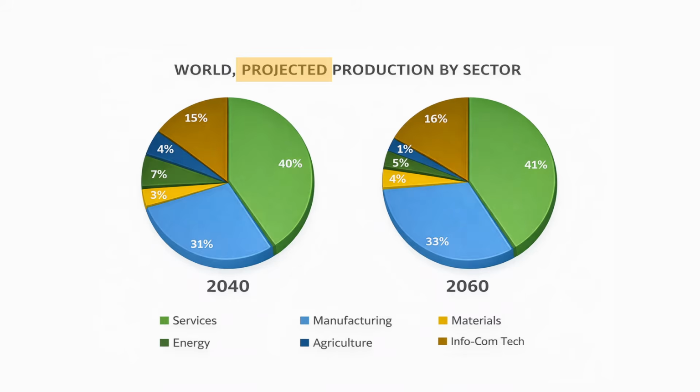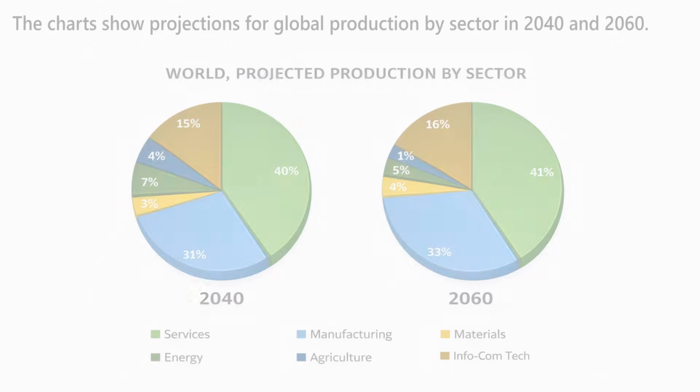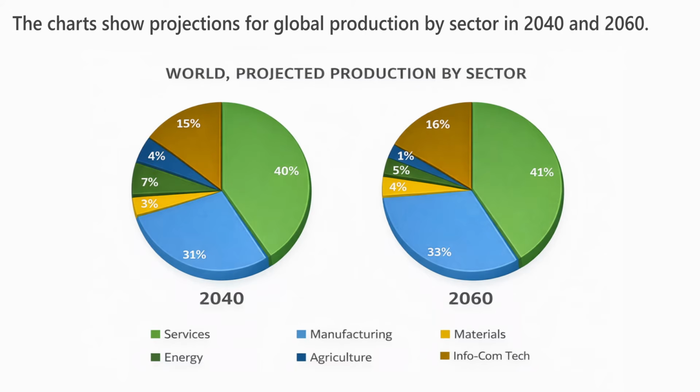One of them is about 2040, and the other one is about 2060. So all the tenses we're going to use describing these 2 pie charts are going to be future tense. This is one point. First of all, let's read the question carefully, and then we'll analyze the pie charts together, okay? The charts show projections or predictions for global production by sector in 2040 and 2060.